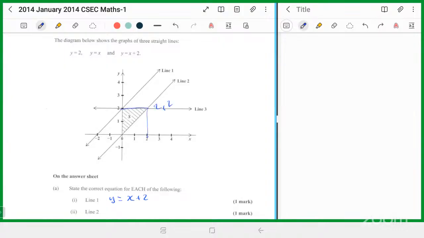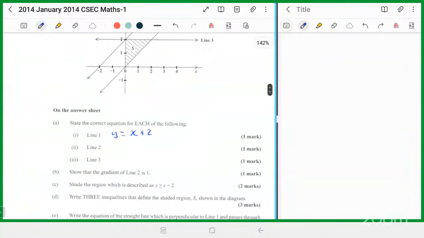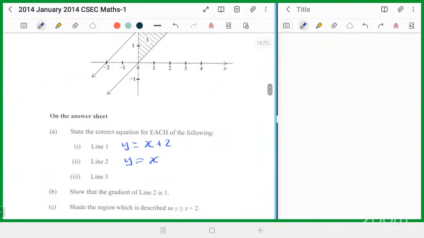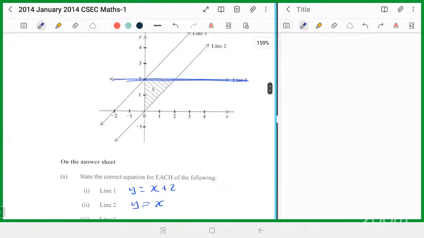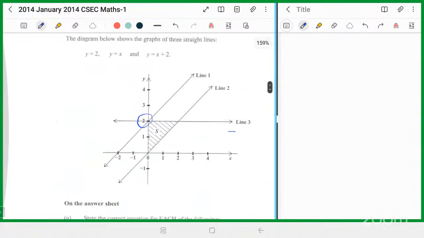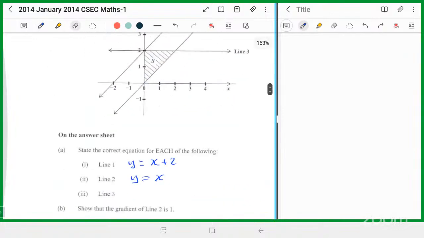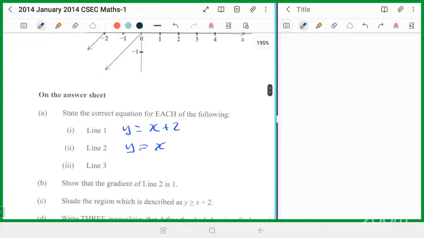So line 2 is the line y equals x. And then line 3 is a horizontal line. It should always have an equation y equals some number. That number is 2 because it passes the y-axis at 2. So the third line is y equals 2.